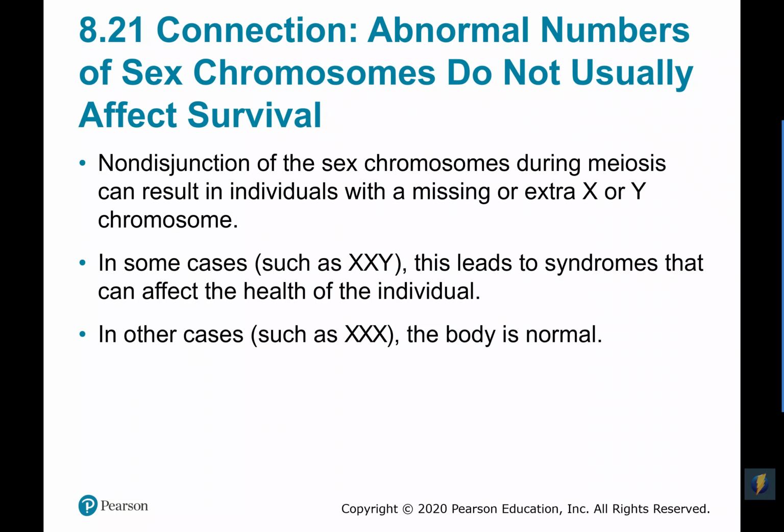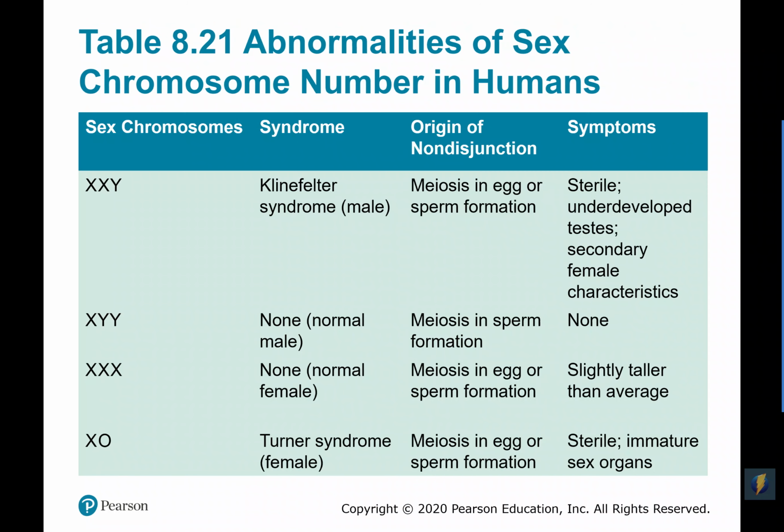But if you have non-disjunction in your sex chromosomes during meiosis, sometimes what you get is missing or extra X or Y chromosomes. Sometimes that can affect the person's health, and sometimes, for instance, if you're female and you have an extra female chromosome, it's really fine. It's totally normal.